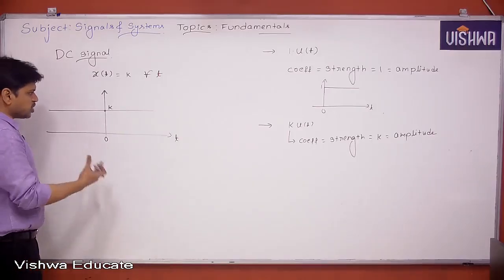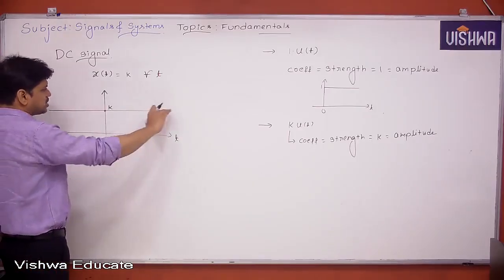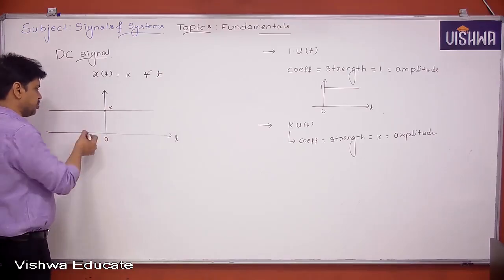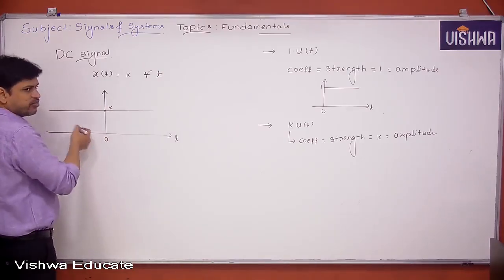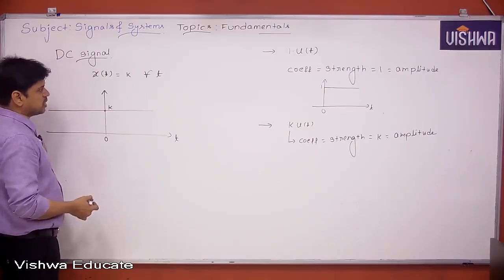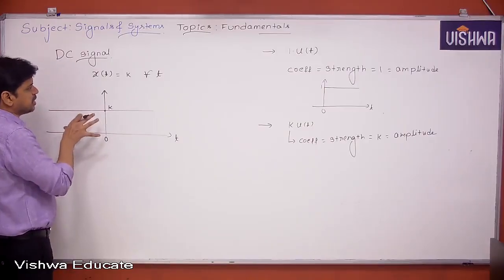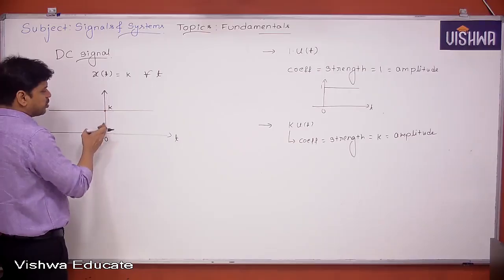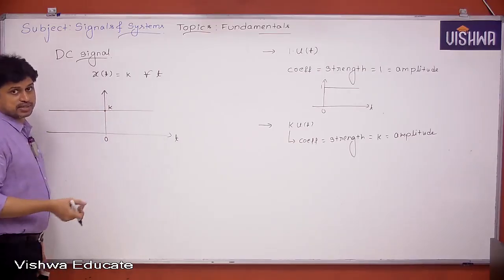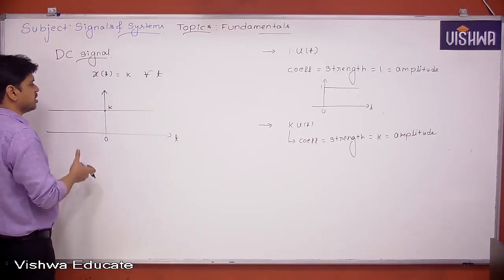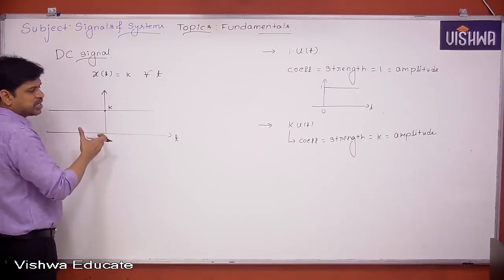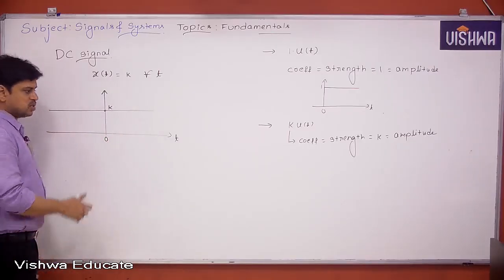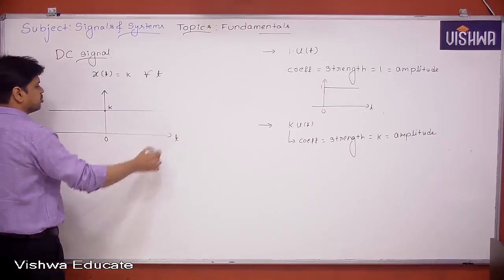It means there is no discontinuity point. Its value is always k. Suppose at 0 its value is equal to k; at -1, -2, -1.5, everywhere its value is equal to k. So that is the difference between the DC signal and the step signal, because the step signal has a discontinuity at 0 and exists only for positive values of time, whereas the DC signal does not have any discontinuity and exists from -infinity to +infinity.